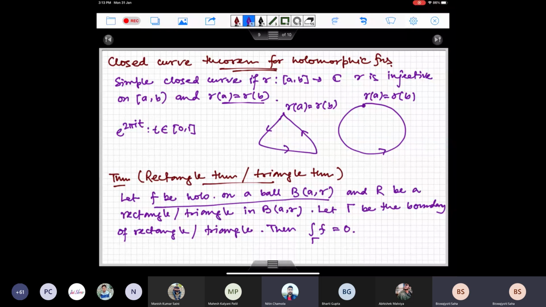So in cases like 1 upon z or 1 upon z square, this theorem is not applicable, unless I am taking some closed curve for which 0 does not belong to the interior of the area inscribed by the curve. Remember that at this moment this theorem is applicable only for holomorphic functions.